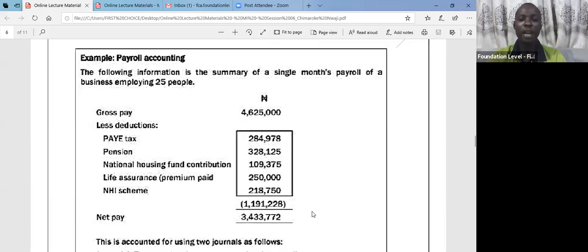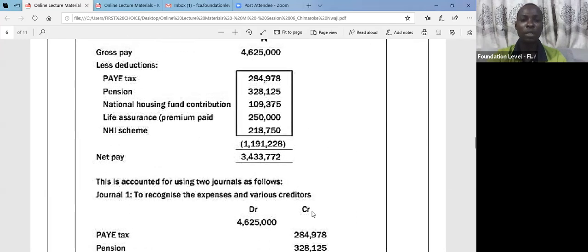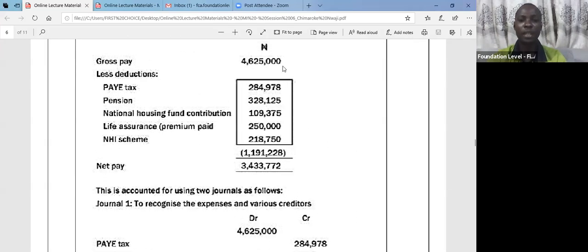Now, how do you account for it in your accounting books? This gross pay is what is supposed to be paid to you, so it is an expense head.